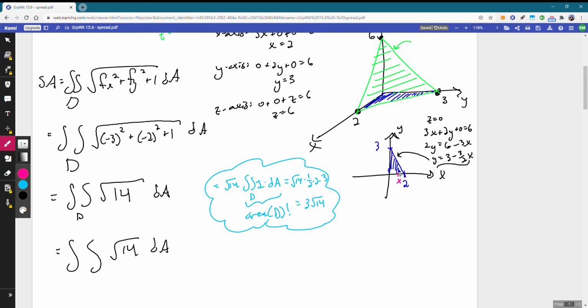We're always moving y from y equals 0 up to our line, so we have consistent instructions. We're always starting y at 0, moving it up to our line, 3 minus 3/2 x. And our next question, to get our outside limits, is what x's do we do this for? We're using the x's from 0 to 2. I suppose we can take this dA and write it as dy dx.